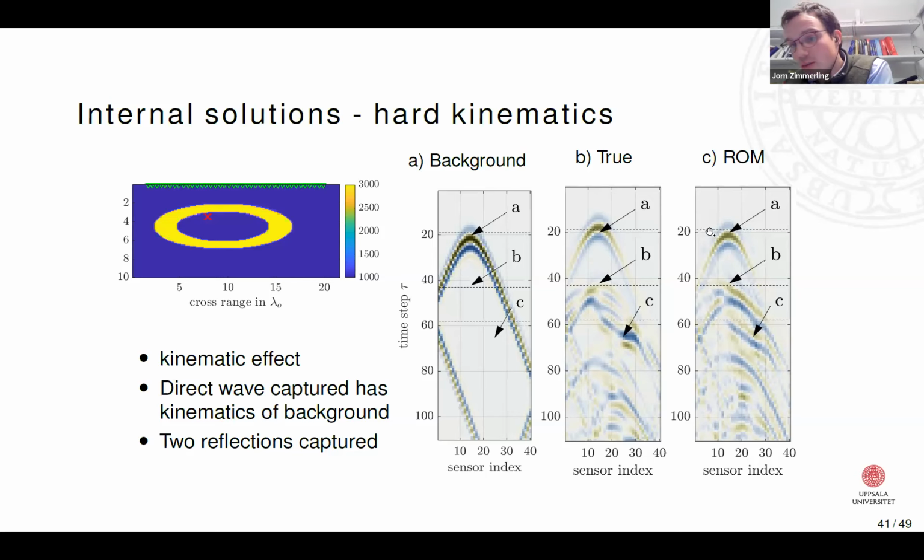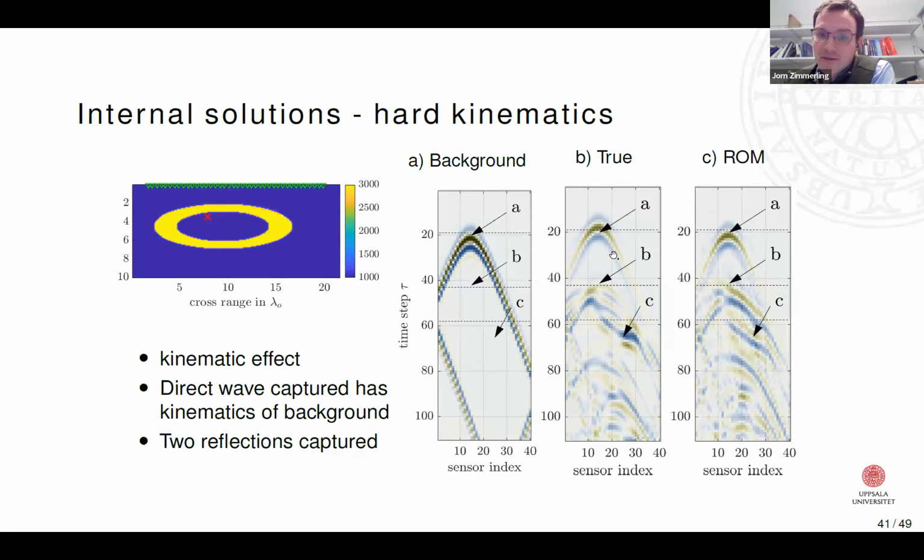In the reduced order model, that's also exactly the case. The 0 between the red and the blue is exactly at the dashed line. But for the true wave speeds inside this ellipse, which now is thick enough to have a kinematic effect, we see that the red maximum is actually exactly where the dashed line is.